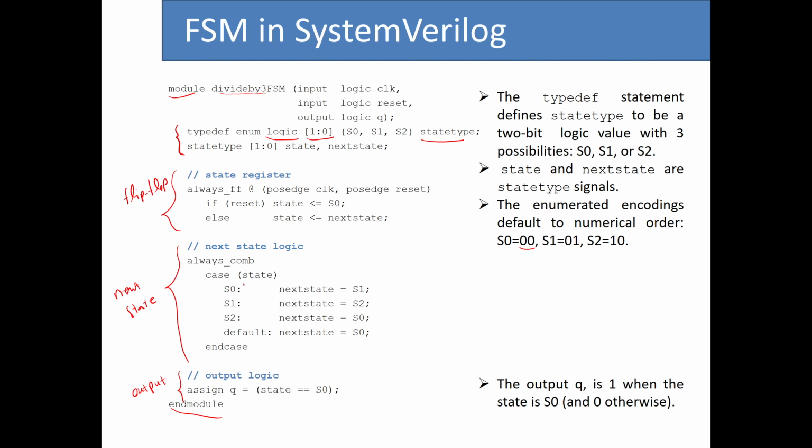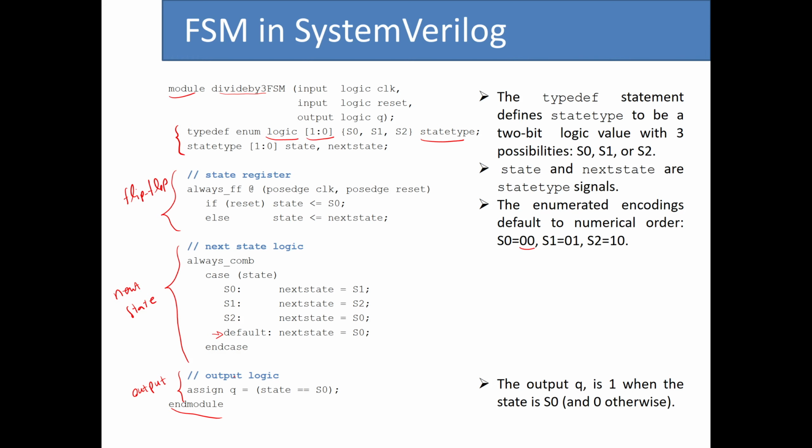If we are at state 0, our next state is going to be state 1. If we are at state 1, our next state is going to be state 2. If we are at state 2, our next state is going to be state 0. And as always, we have this default case too, that says if none of these things happen, for some reason, if we have a glitch or something like that, the next state would be S0.